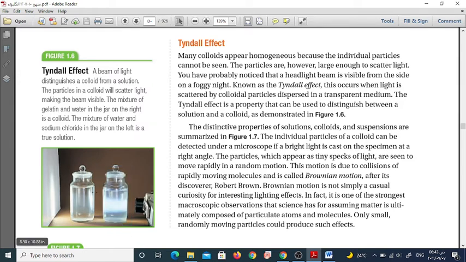While in the case of a solution, the incident light passes through the solution, because as we said, the solution is clear. So you will not get the light scattered in a solution. So in this case, you can differentiate between colloid and solution.